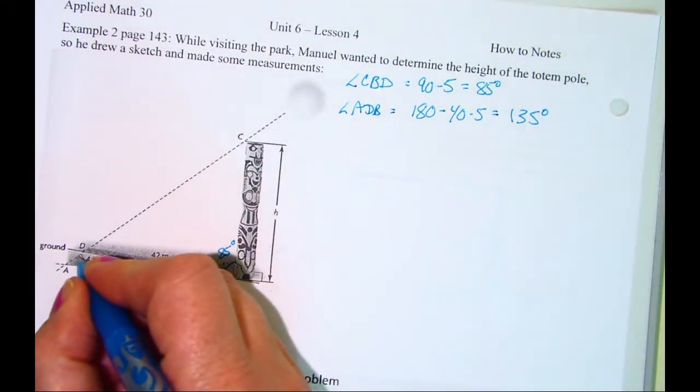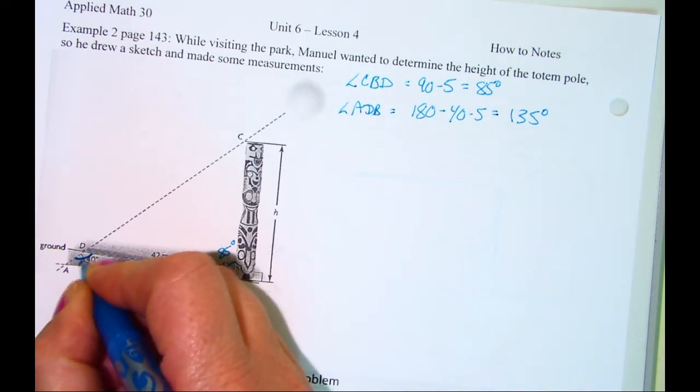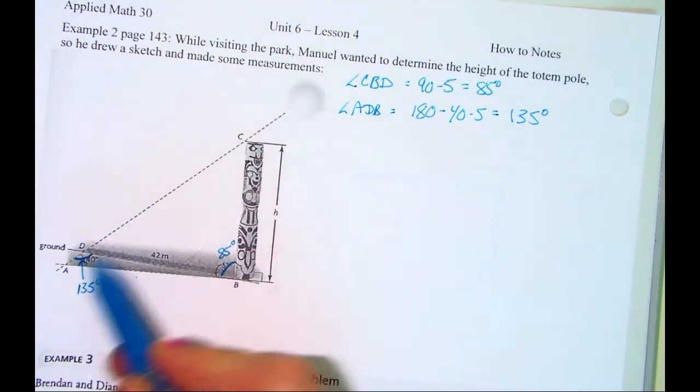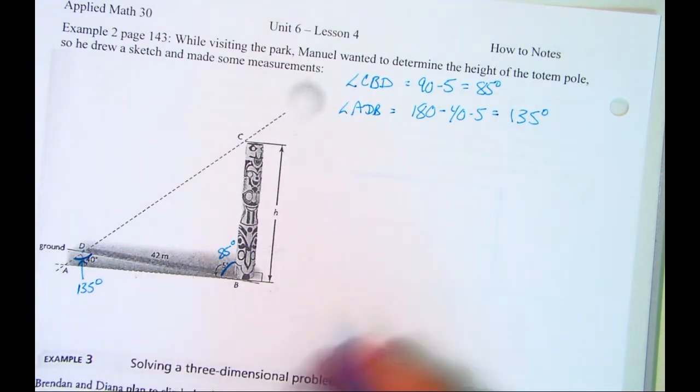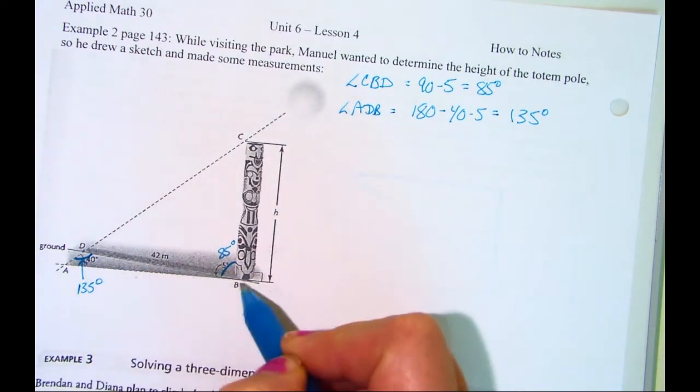So I know right here, hard to draw it in there, that this is 135. And we know this is a straight line, so it's a supplementary angle. I can just subtract and get. So now I can find CDB.